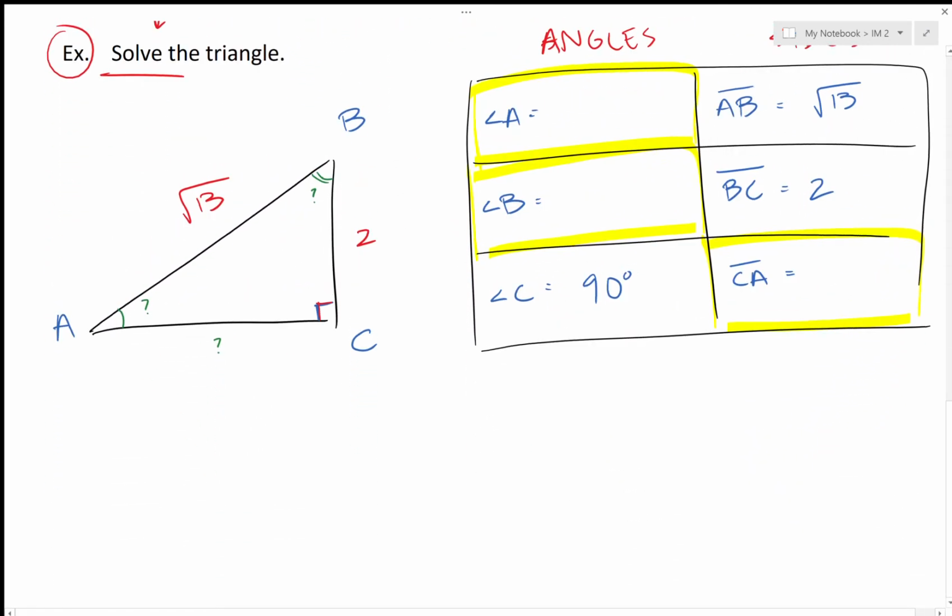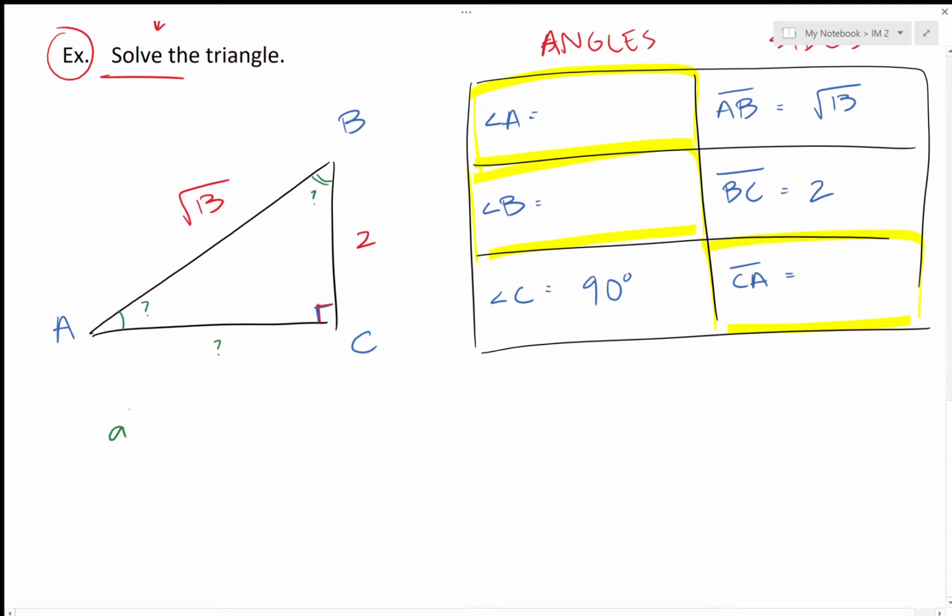So we're going to use our a squared plus b squared equals c squared to find out the missing side. So in this case of a, b, and c, c is the important one because that represents the hypotenuse. Of the sides that we're given, the hypotenuse is the square root 13. You see that's across from the 90.